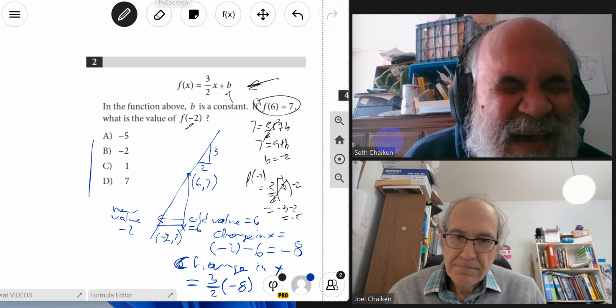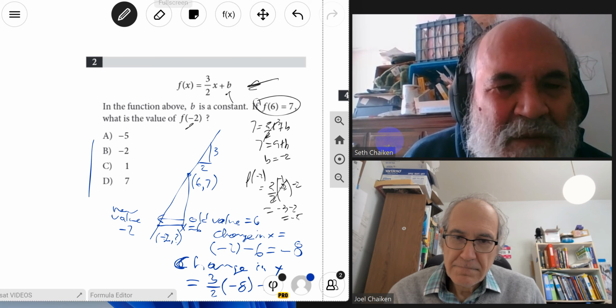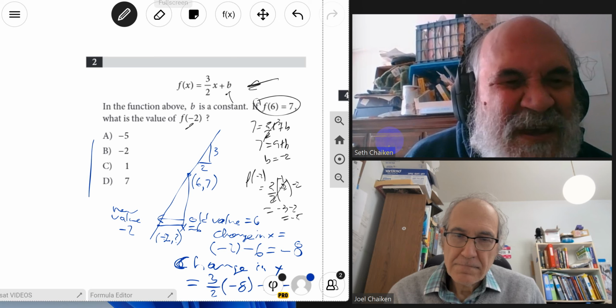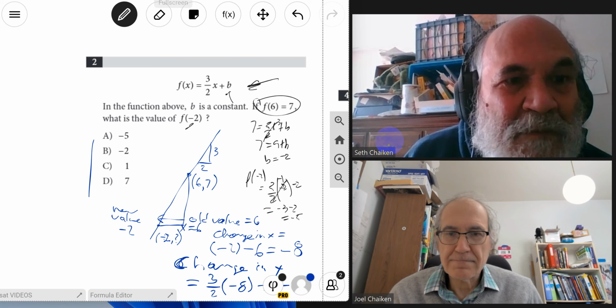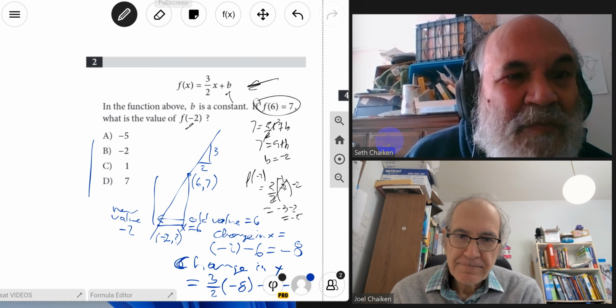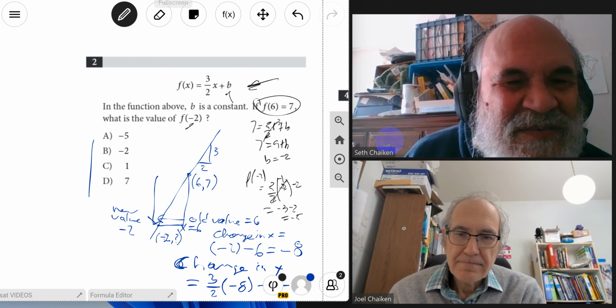And we see that 3/2 of 8 is 12, but it's negative. So the change in Y, let's see, is the new minus the old. That change is -12.